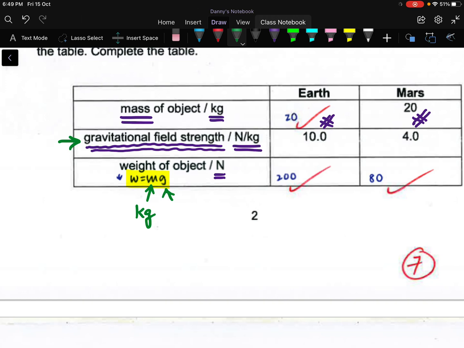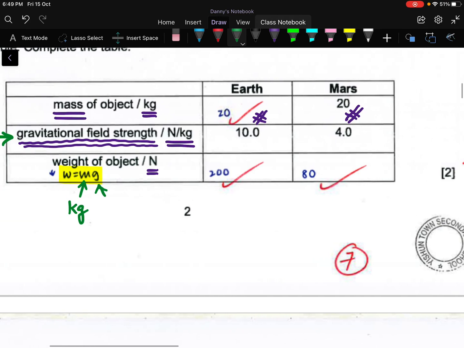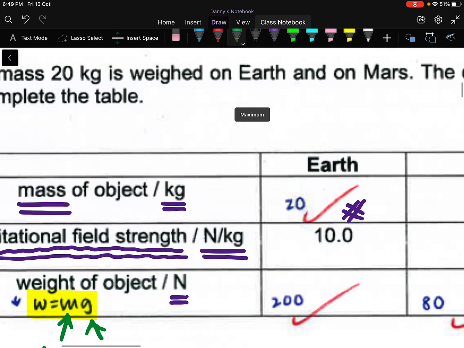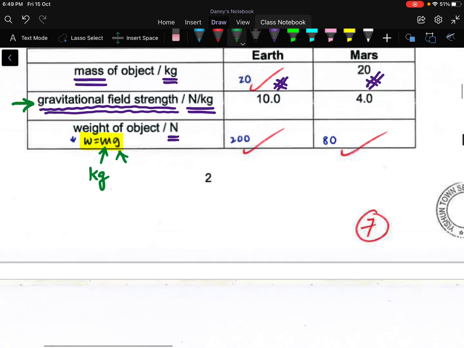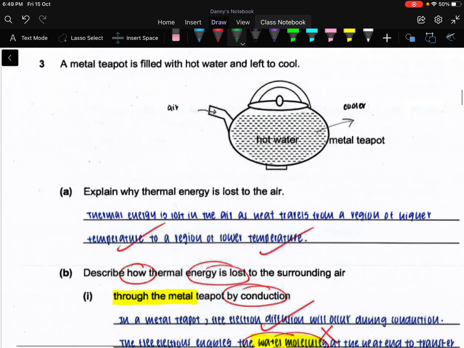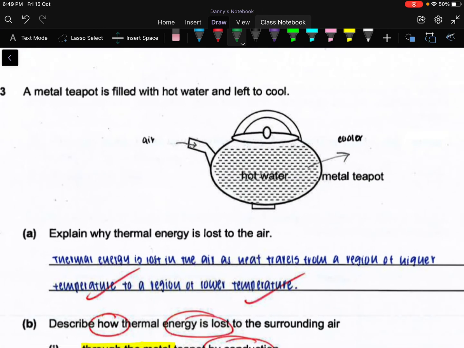So when you multiply them together, these are the answers that you will be getting. Okay, so in terms of mark allocation, if you can give me the correct mass on Earth, you will get 1 mark. And for the weight, you need to get both correct in order to get the second mark. There's no half mark.